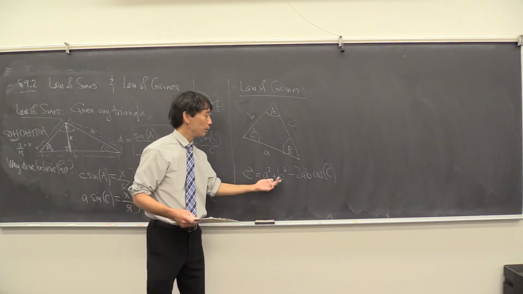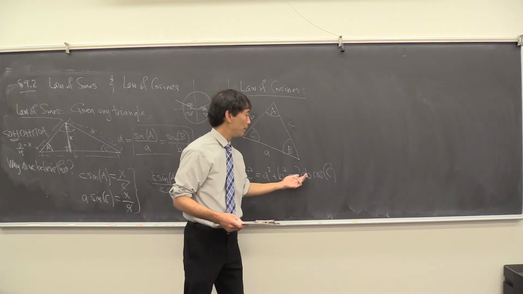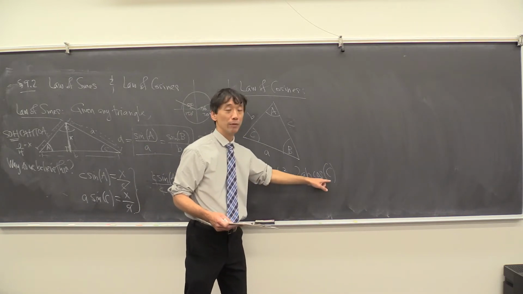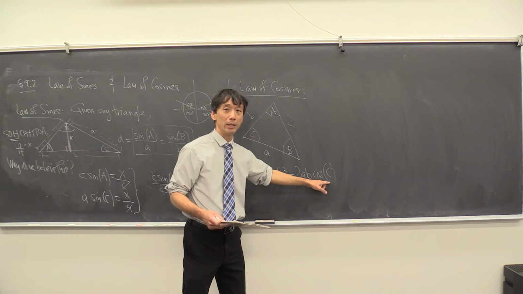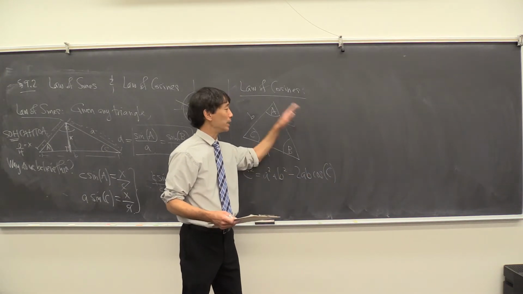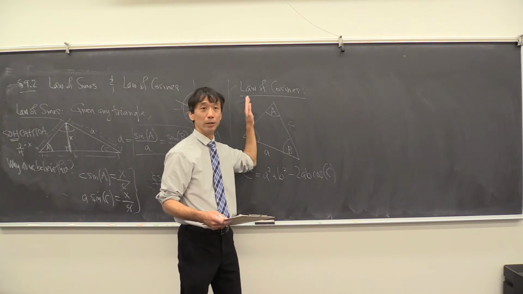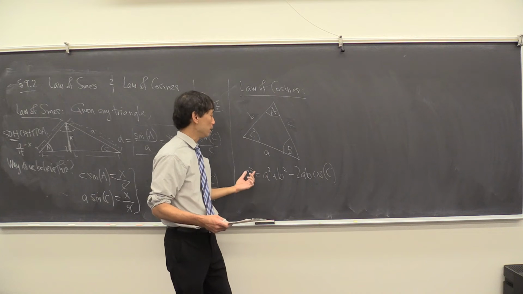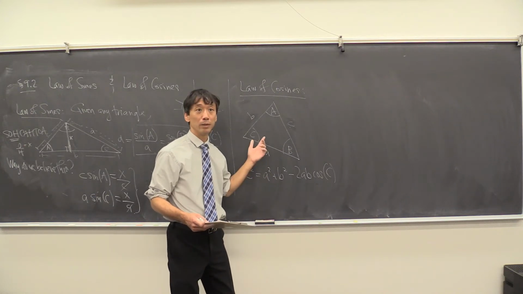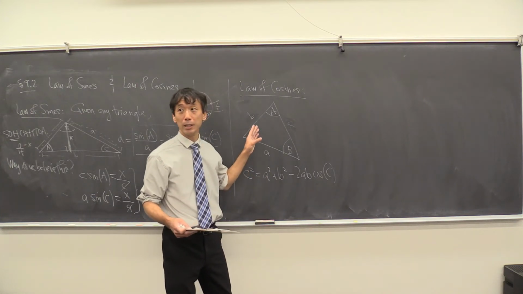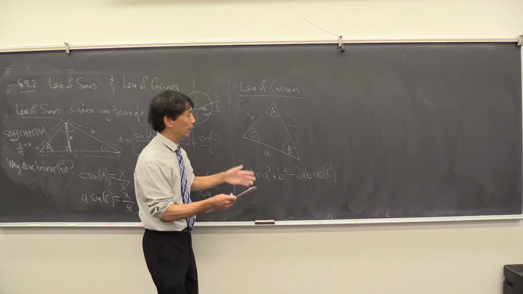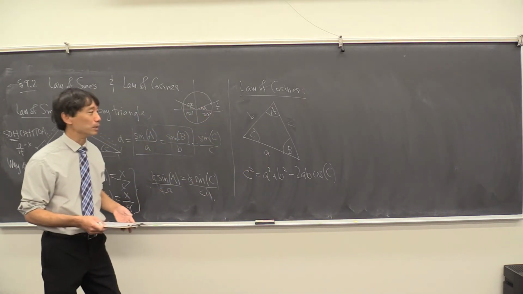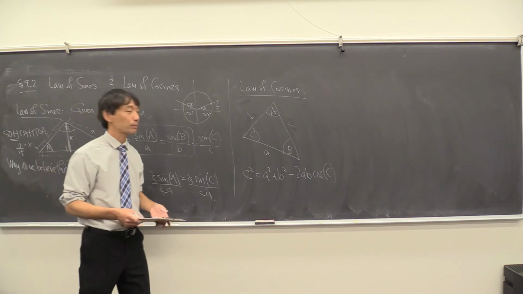It would say c squared equals a squared plus b squared minus 2ab cosine of 90. What's the cosine of 90? It's 0, right? It's the x-coordinate of this point on the circle. So the law of cosines says c squared equals a squared plus b squared if this angle is 90. So this thing encompasses the Pythagorean theorem.